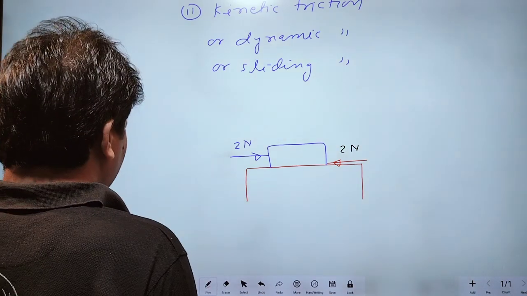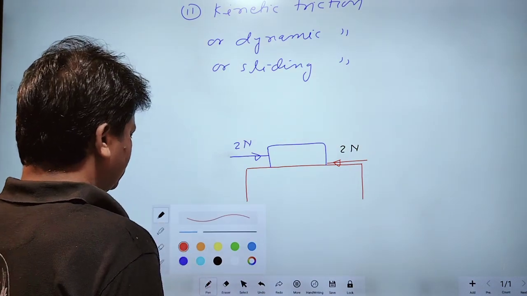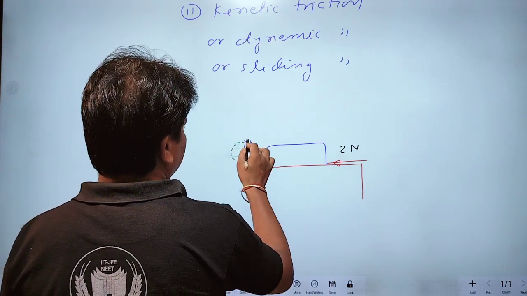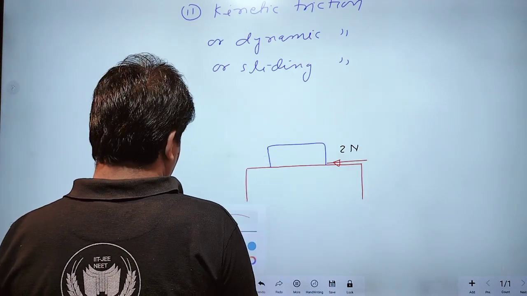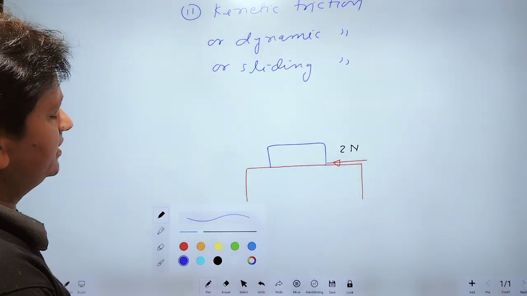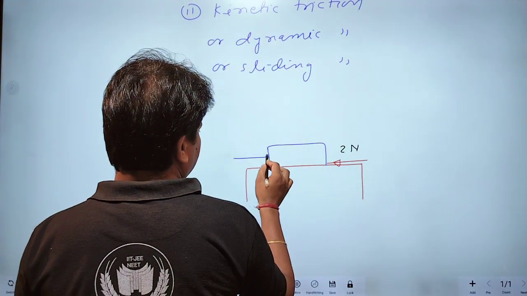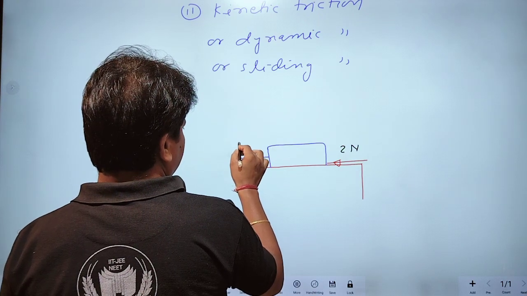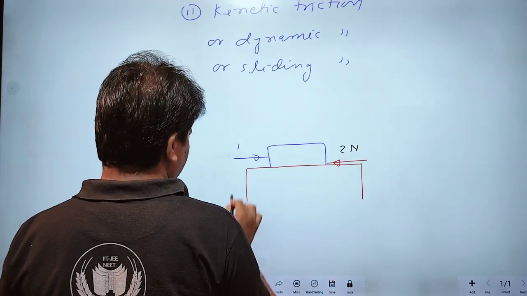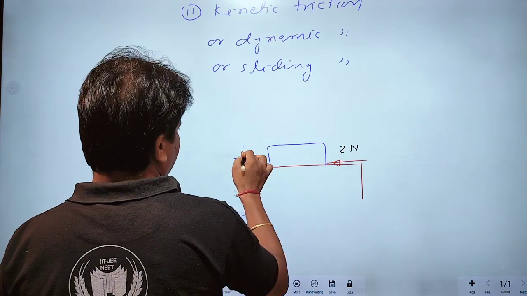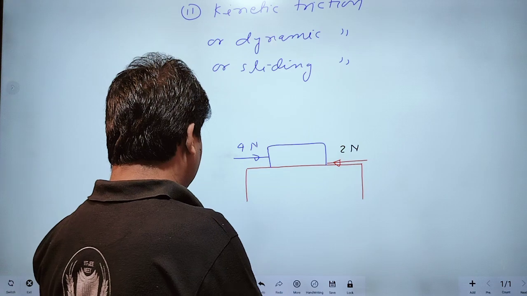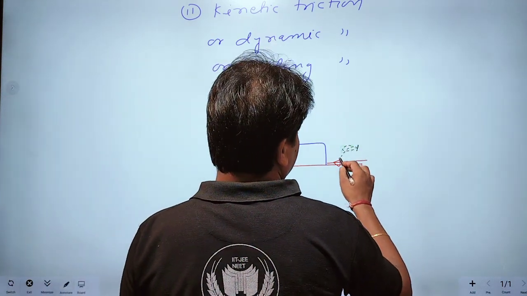If we take another value of applied force, let this force be 4 Newton. The block is in limiting equilibrium in this case.